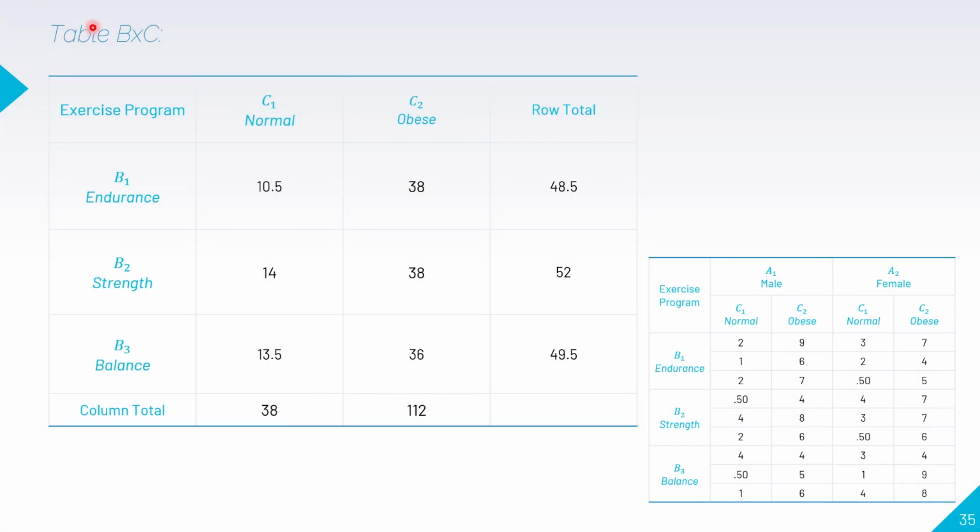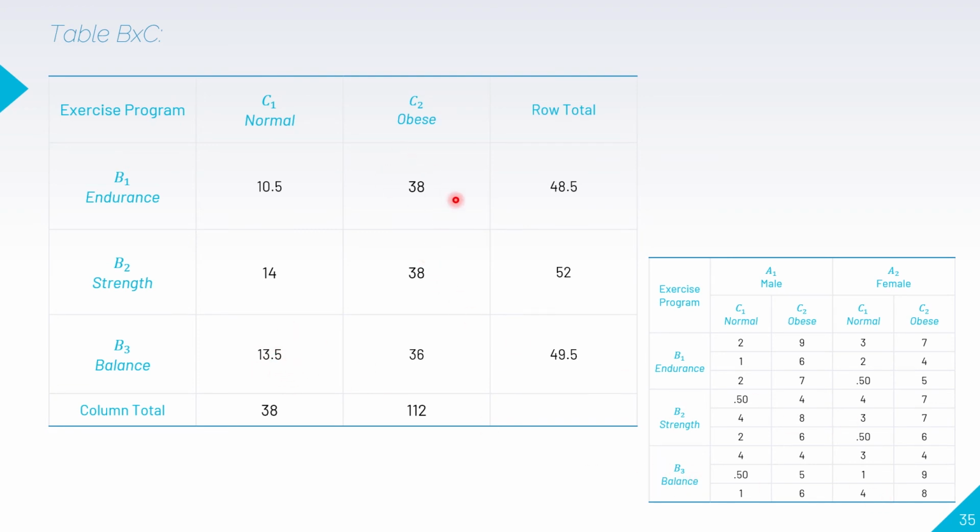In our table B by C, we have our B, exercise program, and C, the normal and the obese. We have to find this value. In order to find that value, we just need to add this one, this 3 and 3, normal under the endurance. So we have 10.5. And then add this one, this one, this one, the answer 4.50 plus 1 plus this 3 under the balance.